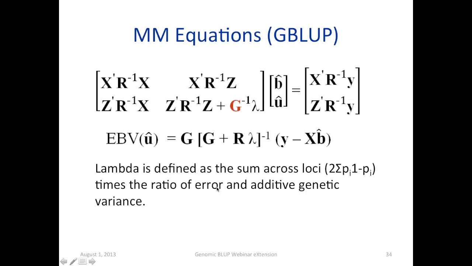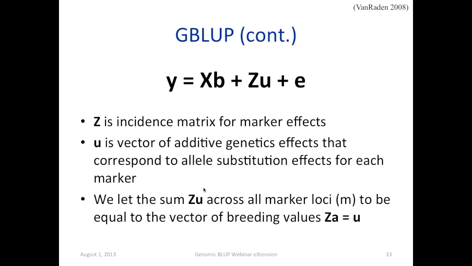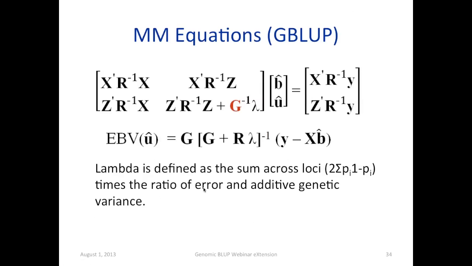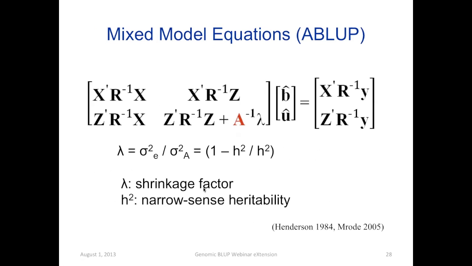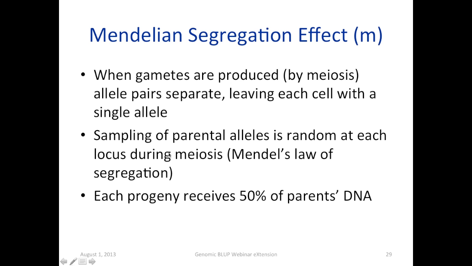Lambda is defined as the sum across all the loci of the minor allele frequencies times the ratio of error and additive genetic variance. That's the same ratio I'm talking about, the inverse of the heritability.